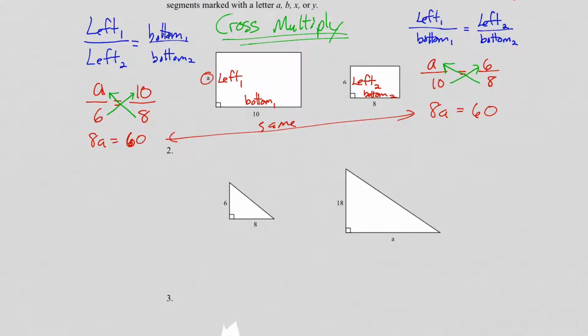Okay, so if we finish this off, we're going to divide both sides by 8. And we're going to get 60 divided by 8 is 7.5. Okay? And of course, since these are the same thing, we're going to get the same results.